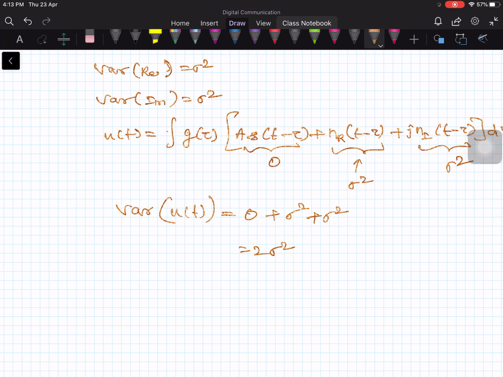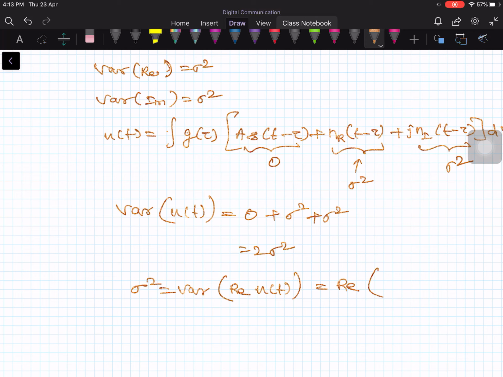So sigma square is the variance of the real part of u of t, which is the same as the variance of the imaginary part of u of t, because the real part and the imaginary part both have identical variances, that means identical power spectral density.